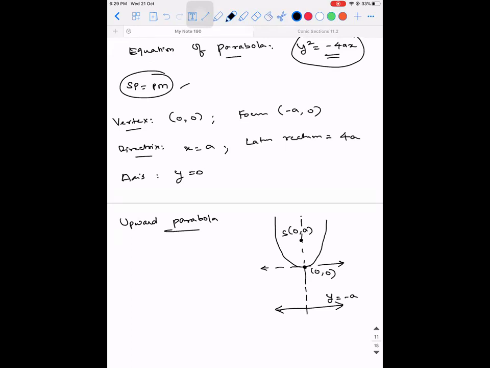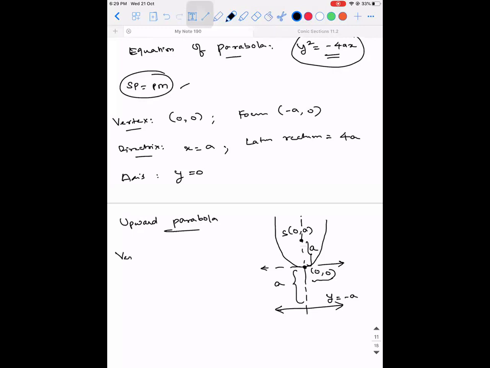The focal point will always be at a distance of A from the vertex. And for all the concepts that we are discussing, the vertex is always origin. So exactly on the other side of the curve, the directrix will be present at the same distance, A. So it will be y is equal to minus A.